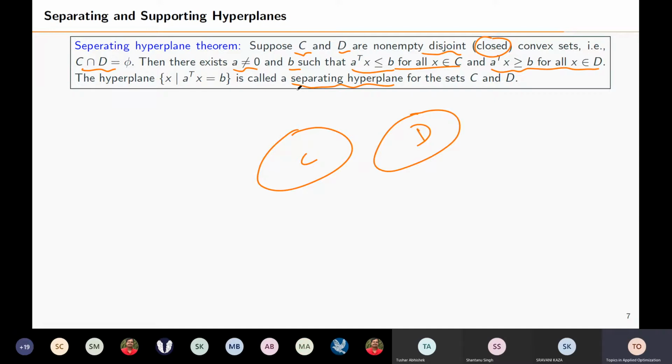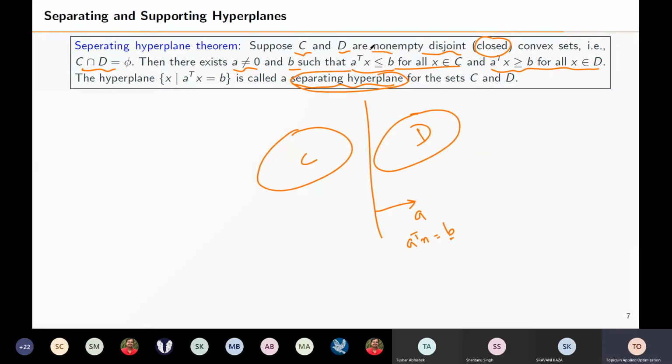Then there exists A not equal to 0 and B such that A transpose X is less than or equal to B for all X in C, and A transpose X is greater than or equal to B for all X in D. So this essentially means I can have a plane with normal A. This is the separating hyperplane A transpose X equals B. So this is what the theorem is trying to say: there will exist some A which is normal to the plane and B such that this will act like a separating hyperplane for C and D.